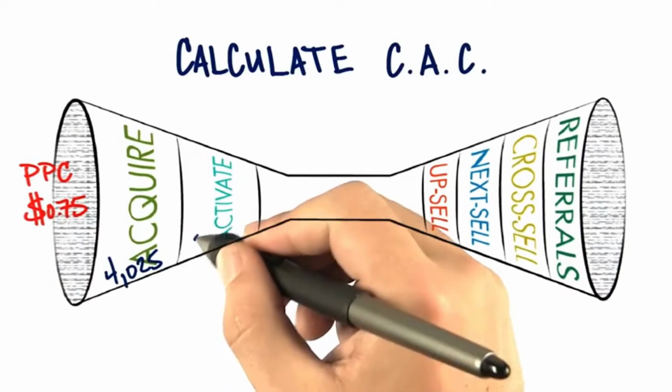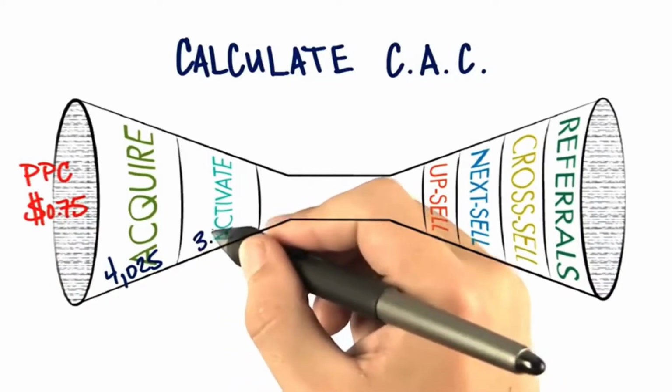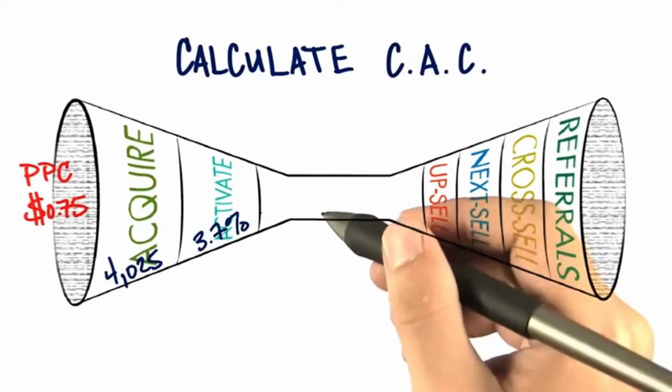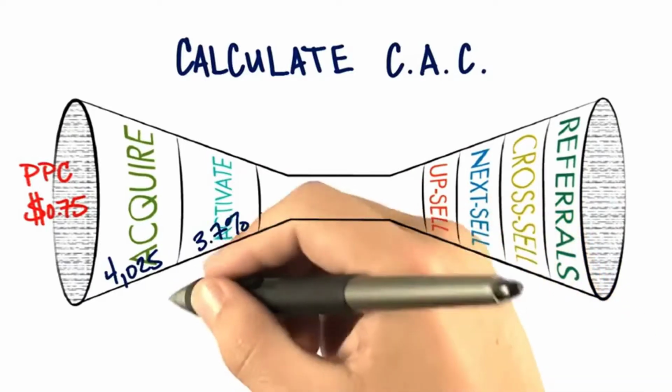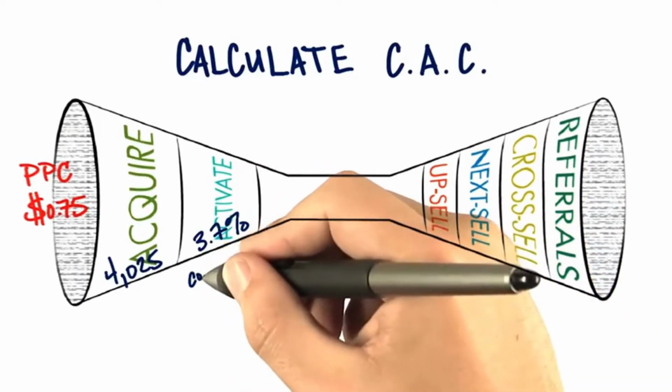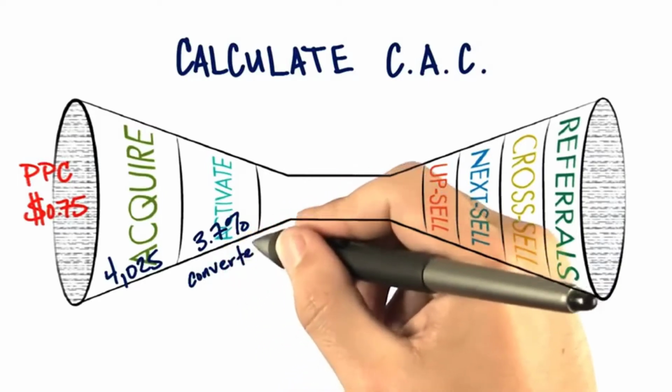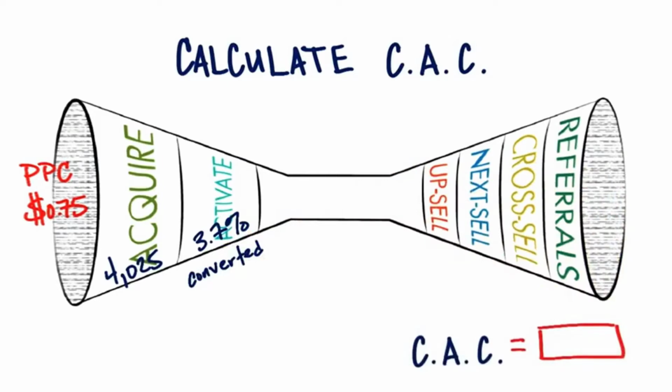Next, we don't just want to get them to our website. We actually want them to sign up for our product. Assume 3.7% of these 4,025 customers actually converted from acquired customers to activated customers. So the question for this quiz is: calculate what was the customer acquisition cost per customer.